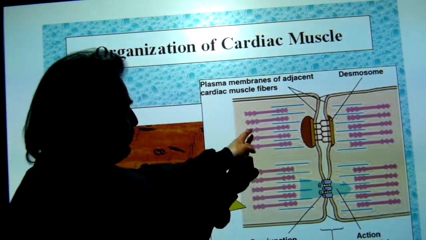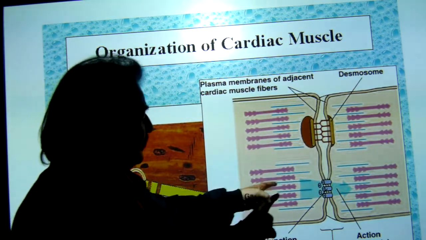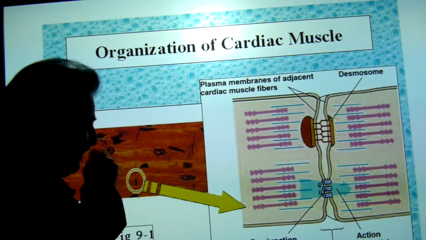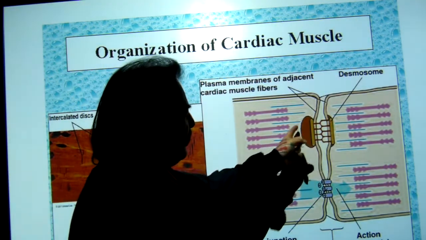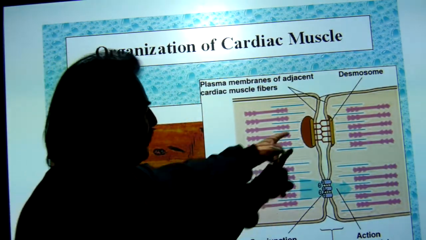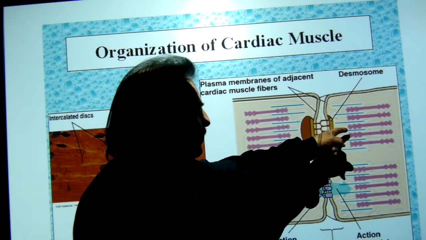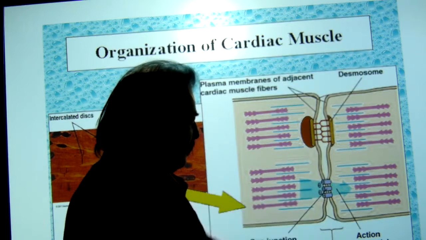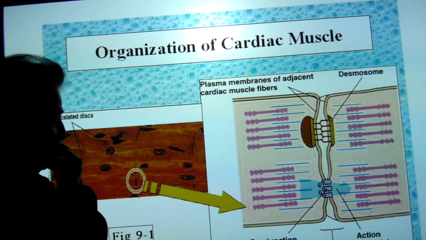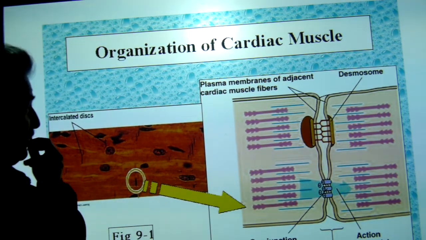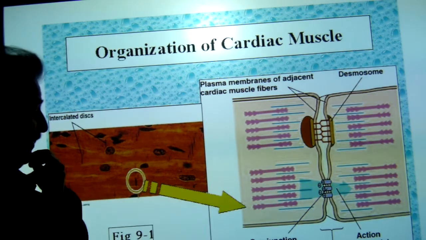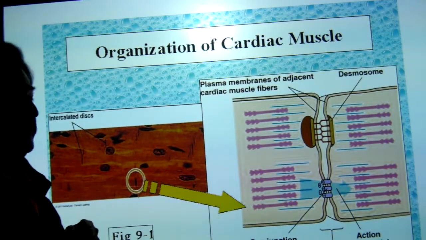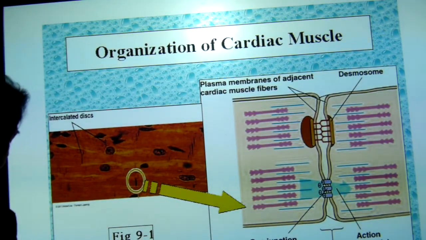Again, you can see the zipper effect because you have these linker proteins that are holding it together. They are protruding from one side of the muscle fiber or cell to that cell, and there's just tons of them along with gap junctions. All of those gap junctions, all of those desmosomes, that is what makes up an intercalated disc.